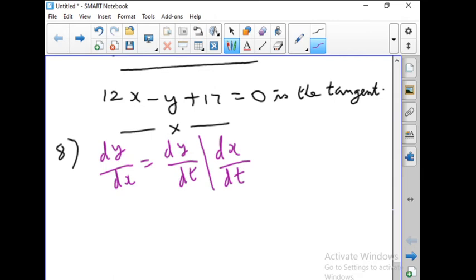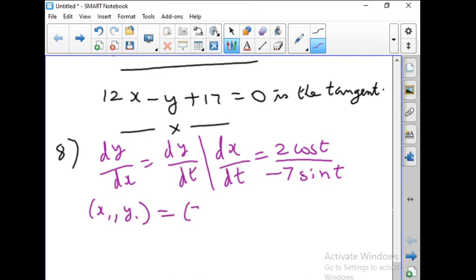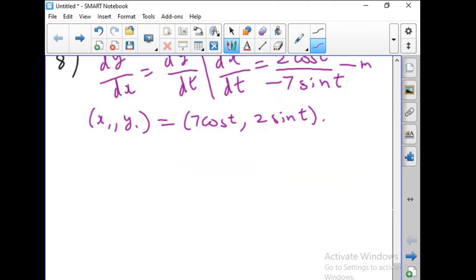So dy by dt is 2 cos t, dx by dt is minus 7 sin t. So x1 comma y1 is equal to 7 cos t comma 2 sin t. This is x1 comma y1 and this is the slope m. So using it, you can do it for homework.